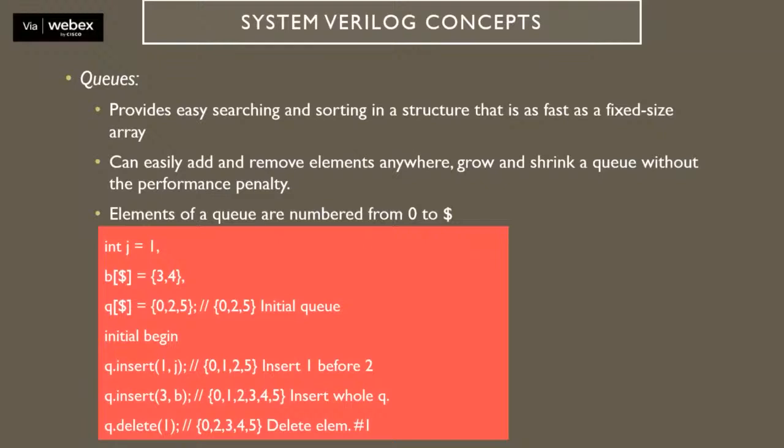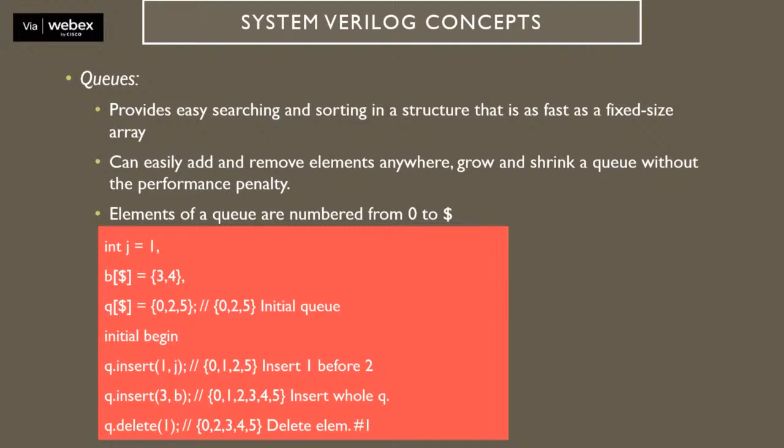This kind of feature can be identified by the dollar symbol here. The elements of the queue are numbered from 0 to dollar, so the dollar itself indicates that you are talking about queues. The empty brackets indicate a dynamic array. The square bracket with a dollar symbol will indicate a queue.